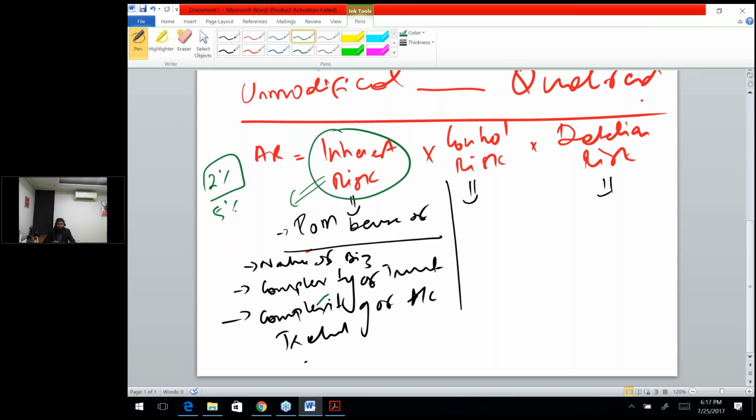So when it comes to warranty, there is estimation involved, and whenever we have estimation involved, it leads to an inherent risk. Why? The estimation could always go wrong, and if the estimation goes wrong, that means the financial statements have not been prepared correctly. So one of them is inherent risk.